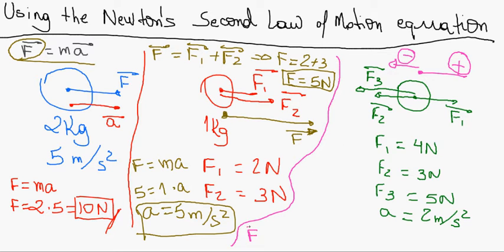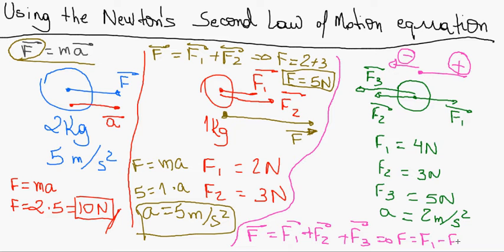The net force, let's call it F, is equal to the vector sum of F1, F2, and F3. F1 is to the right, so it's positive. But F3 and F2 are to the left, and we are considering to the left as negative.